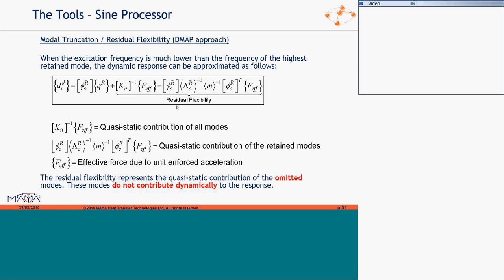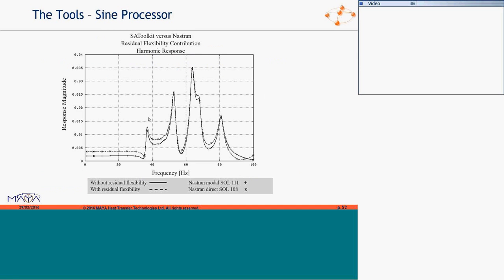In an X response sim, you have a similar concept called the modal acceleration method, which sums up the static contribution of the retained modes and then subtracts it from the total static contribution. So how does modal truncation show up in your results?